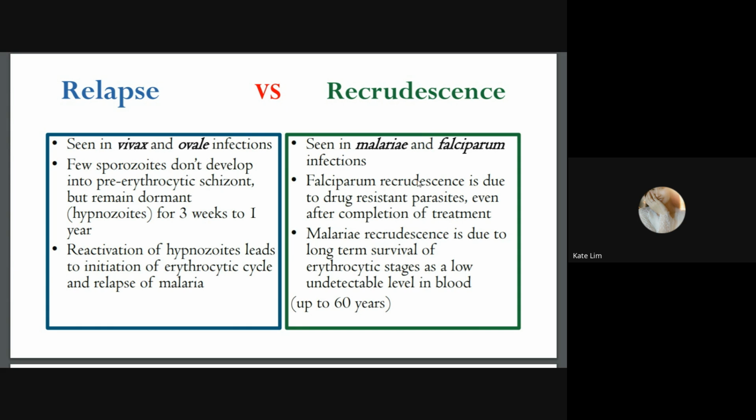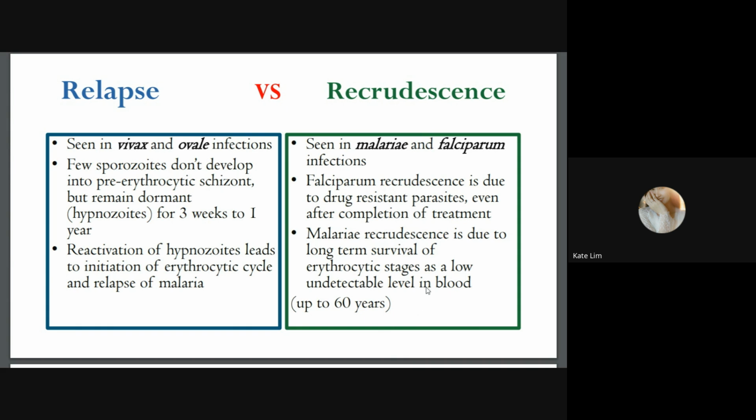These parasites can persist up to 60 years without being detected, only to reappear later when conditions allow. So, what are these conditions? Same story: if the patient is immunocompromised or suffering from autoimmune diseases.